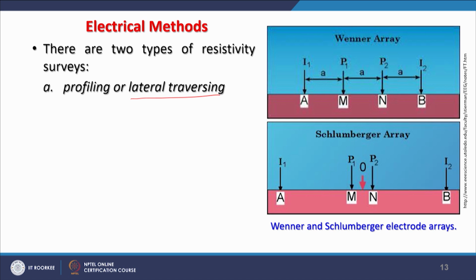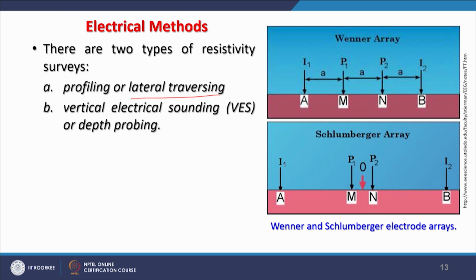So, at one section, suppose I have covered 100 meters in one survey, then next 100 meters in the same line I would cover another. For a whole area, suppose if it is 1 kilometer, then after doing 10 such profiles, I would get the idea about that area, but only along a line where the survey has been done.